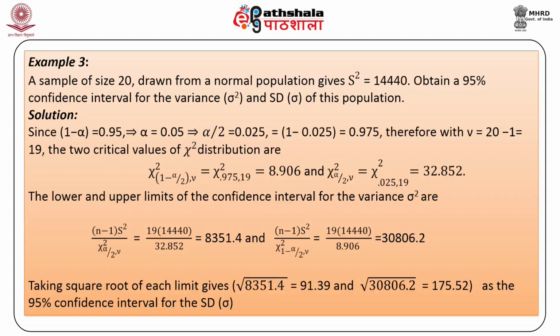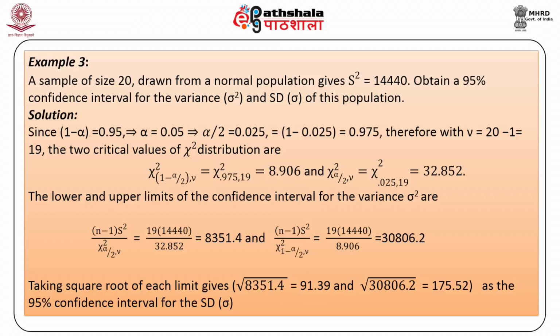We have 1 minus alpha equal to 0.95 and alpha equal to 0.05. Therefore, alpha by 2 is equal to 0.025 and 1 minus 0.025 becomes equal to 0.975. And degrees of freedom nu in this case is 20 minus 1, which is equal to 19.